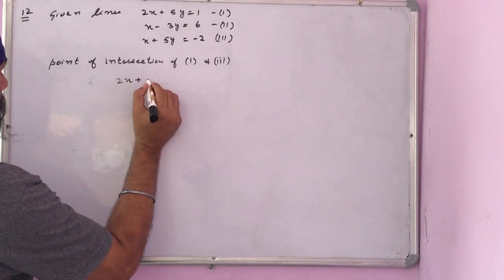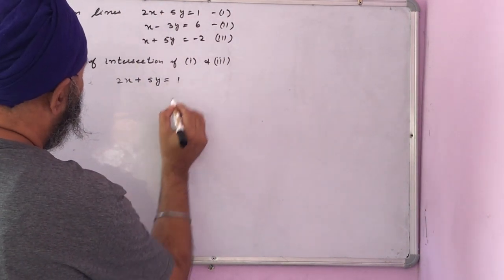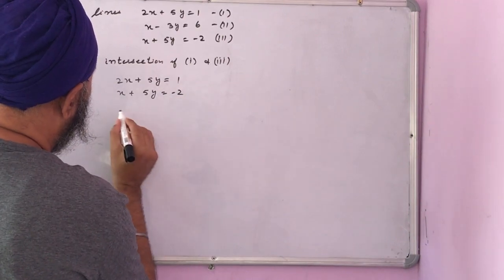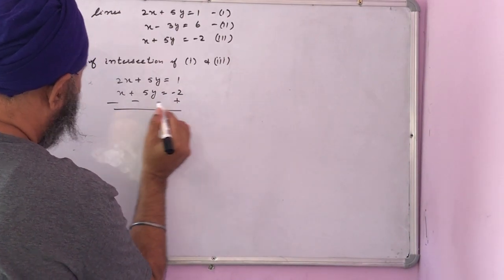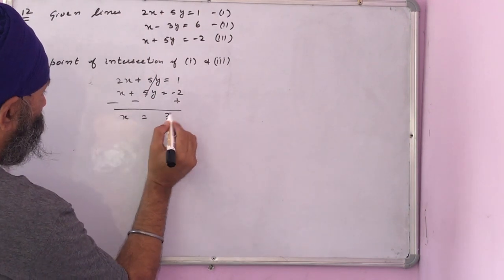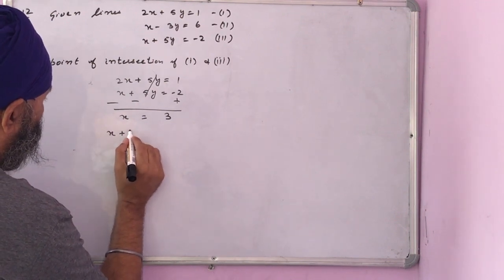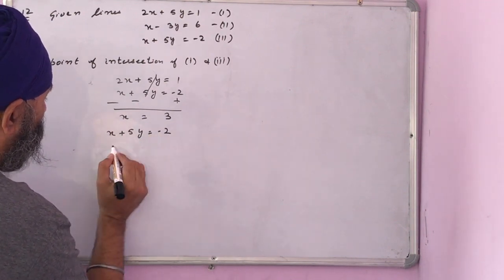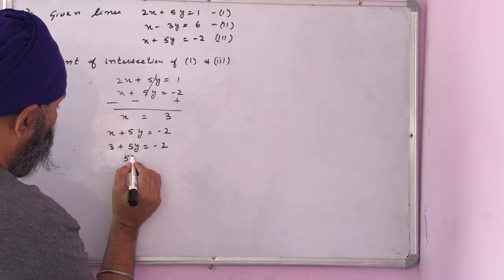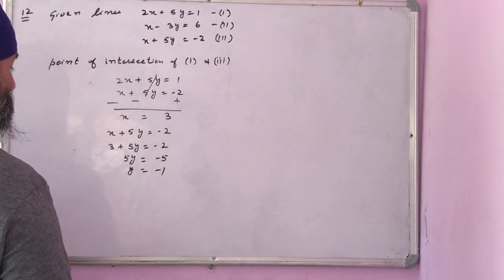I solve them simultaneously to find the point of intersection. 2x plus 5y equal to 1, x plus 5y equal to minus 2. I change signs. 2x minus x is equal to 3. Then put the value of x: 3 plus 5y equal to minus 2, 5y is minus 5, y is equal to minus 1.